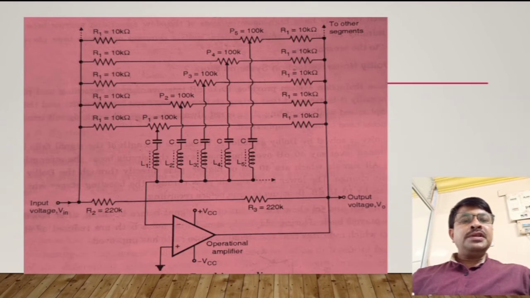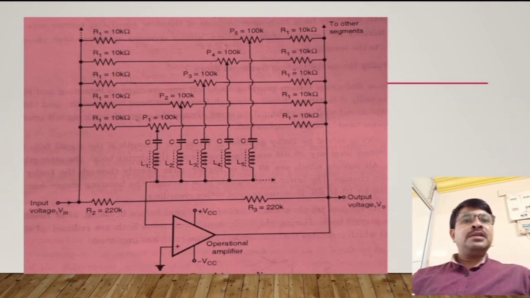Each filter circuit has individual cutoff frequencies and that cutoff frequency is adjusted by this potentiometer, pot, so each filter circuit has a connection with a pot. By varying this pot we can control the audio frequency range.